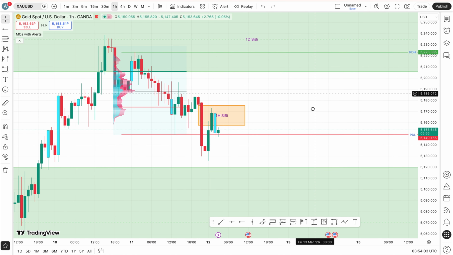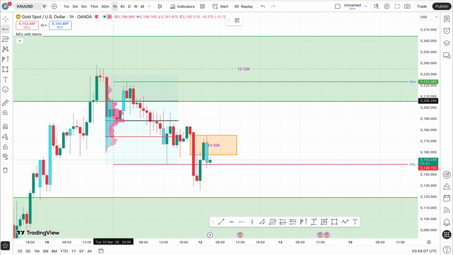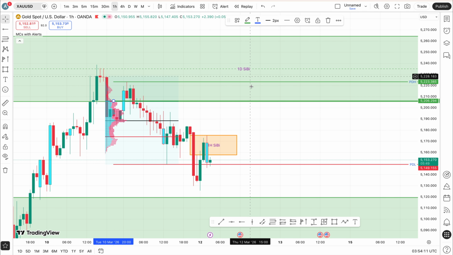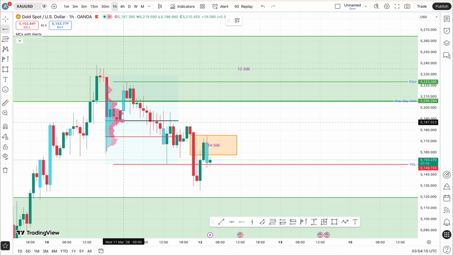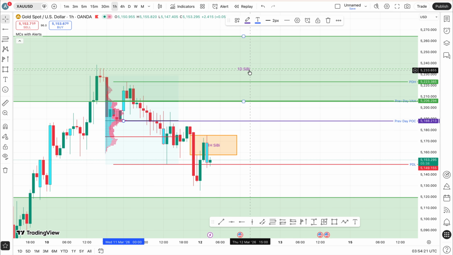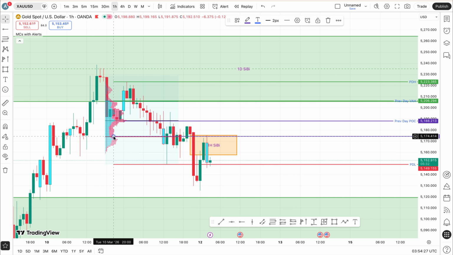This will help us mark a value area high. As you know, this is the previous day's value area high. This is your POC, previous day's POC, and this is your previous day's value area low.